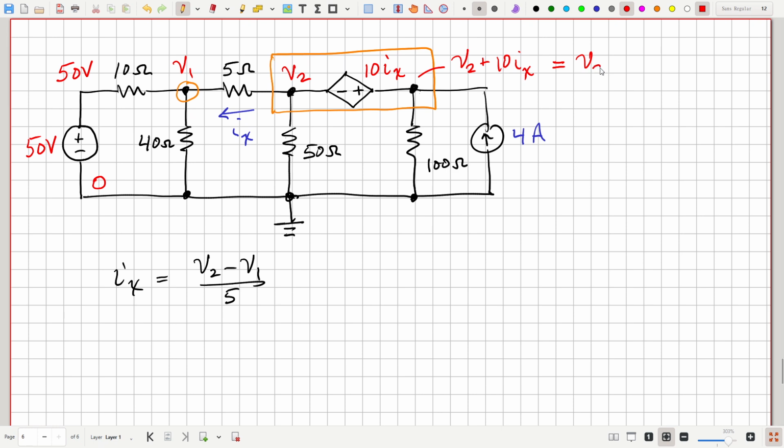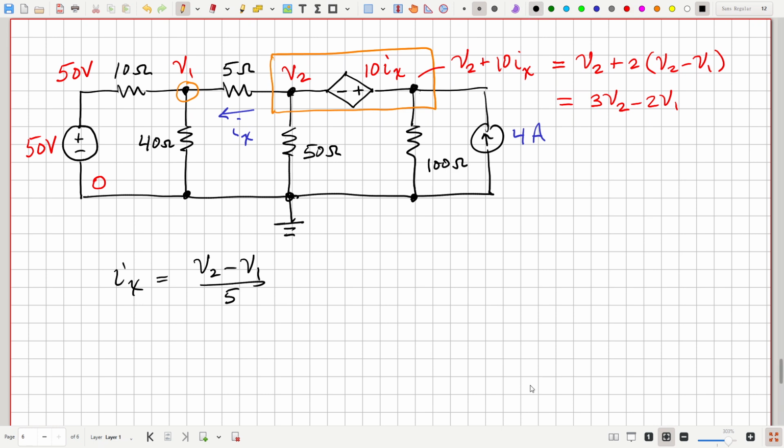That's going to be V2 plus 10 times Ix, 10 over 5 is 2, so that's 2 times V2 minus V1. Okay, and what is that? You get 2V2 plus V2, that's 3V2 minus 2V1.